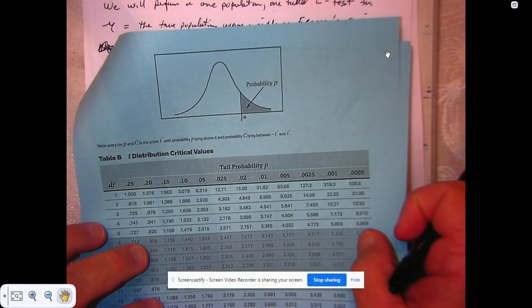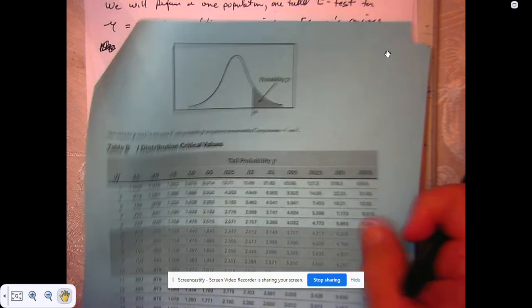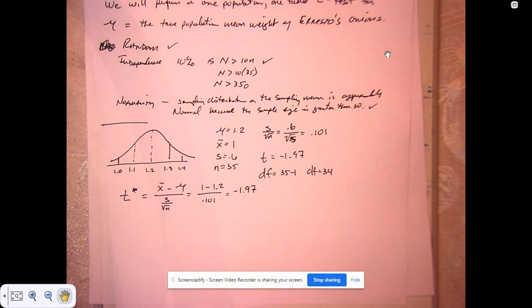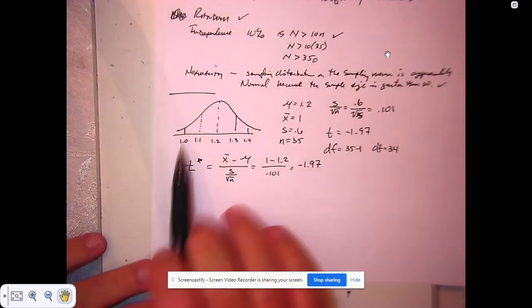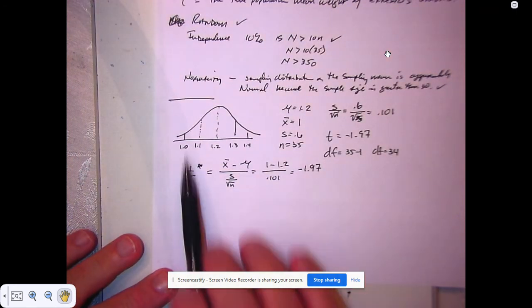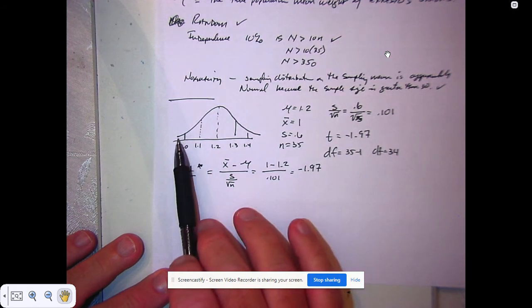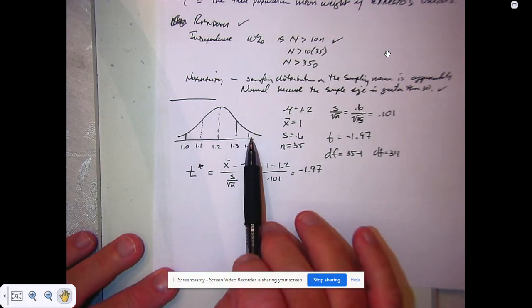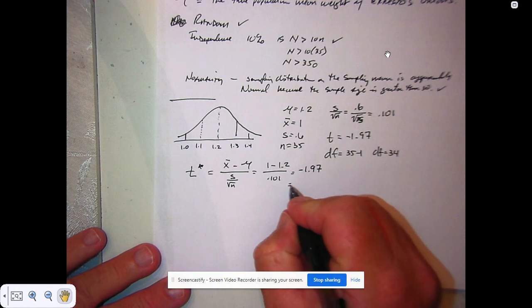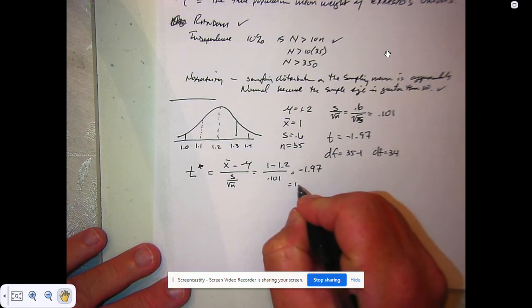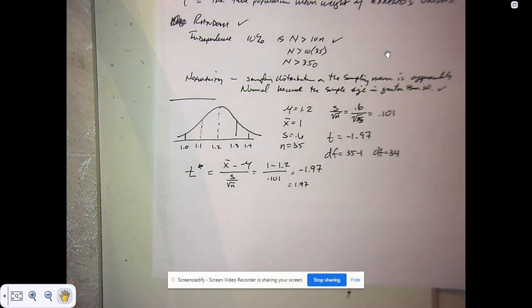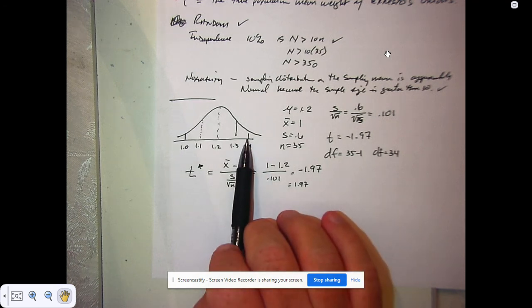We're actually looking at a lower tail. So this area here for a t-statistic is going to be in this tail down here, but it's the same as this one up here. So even though we're looking at a negative, when we look this up on the table, it's going to be the same as the area in the upper tail would have been.